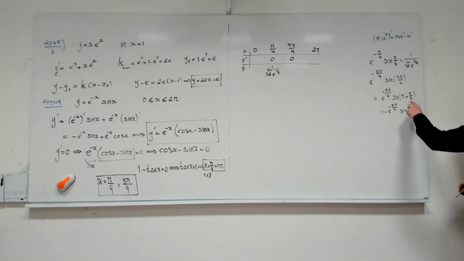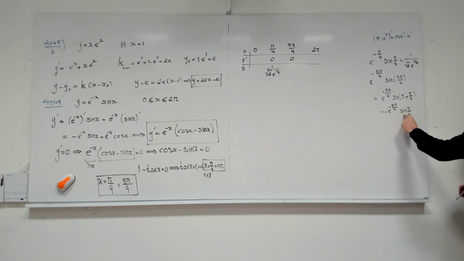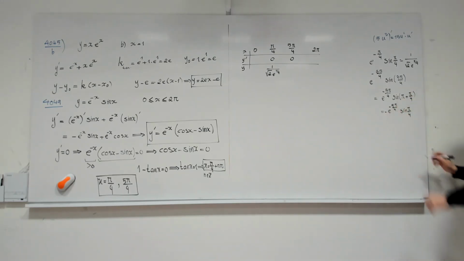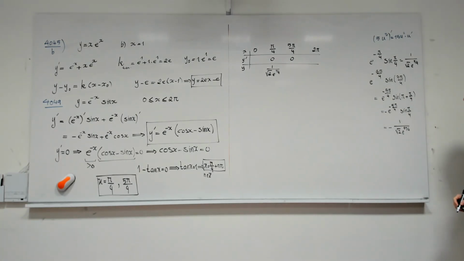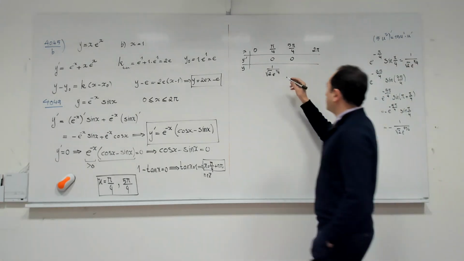I hope that you know how to do this. Sine of pi plus pi over 4 is negative of sine pi over 4. So what you get at the end is negative 1 over square root of 2 times e to the power of minus 5 pi over 4. That is the number that I have to put here.